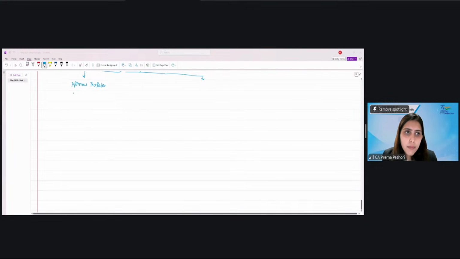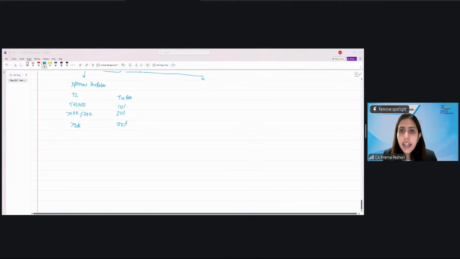Where the total income is less than 10,000, the tax rate is 10%. Where the total income is more than 10,000 but less than or equal to 20,000, it is 20%. And where the total income is more than 20,000, it will be 30%.